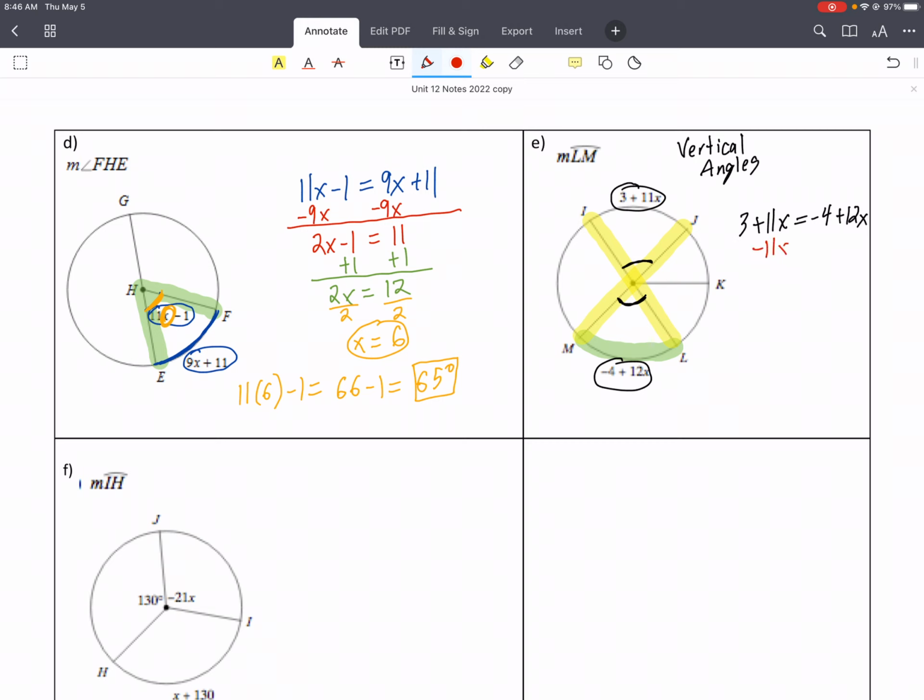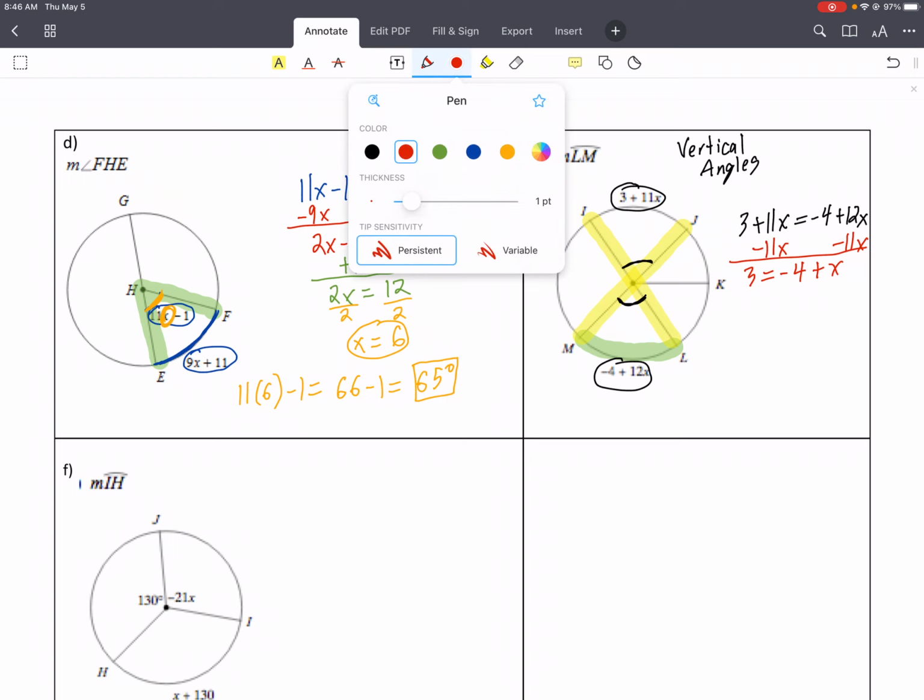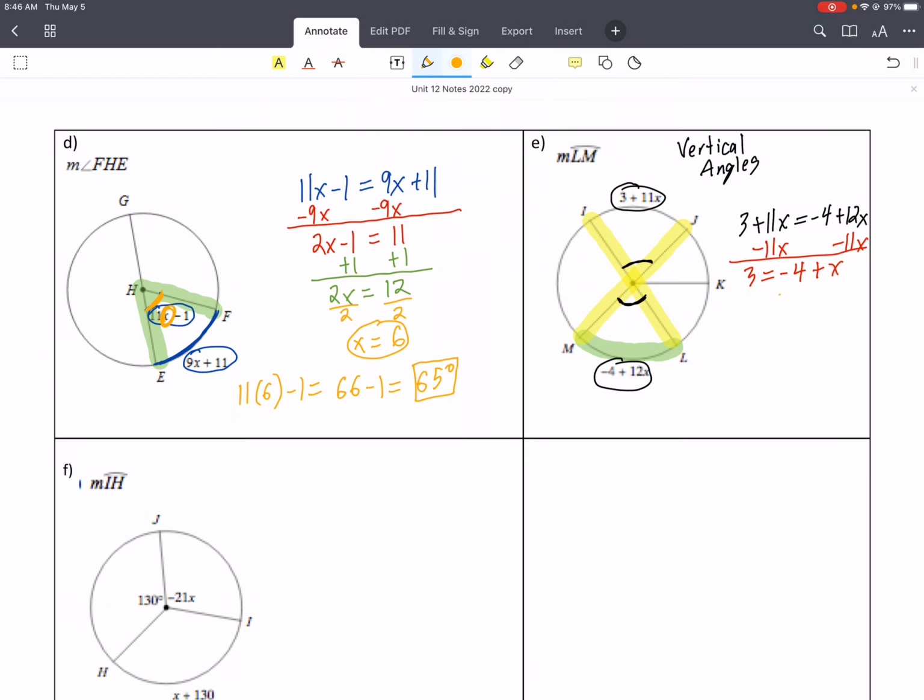So we subtract 11x, which gives us 3 is equal to negative 4. 12 minus 11 is 1, so we just have plus x. Solve for x by adding 4. So we get x is equal to 7.